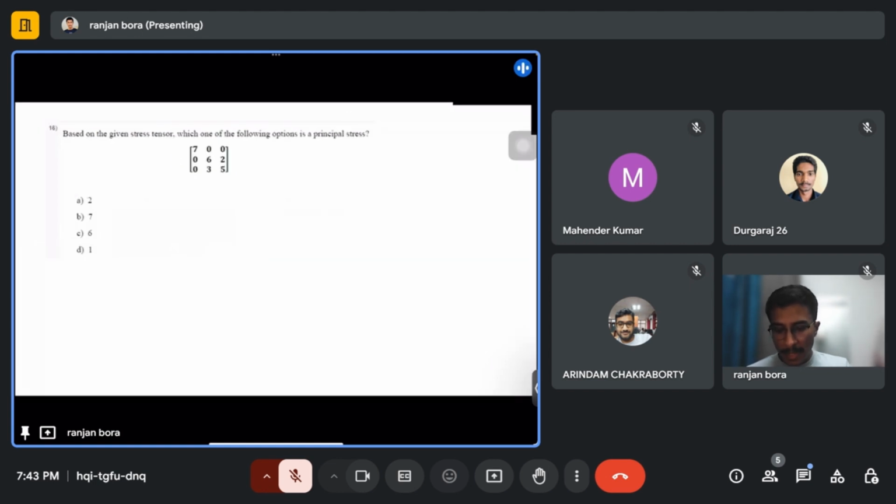Next is based on the given stress tensor, which one of the following options is a principal stress? What is the answer for this question?